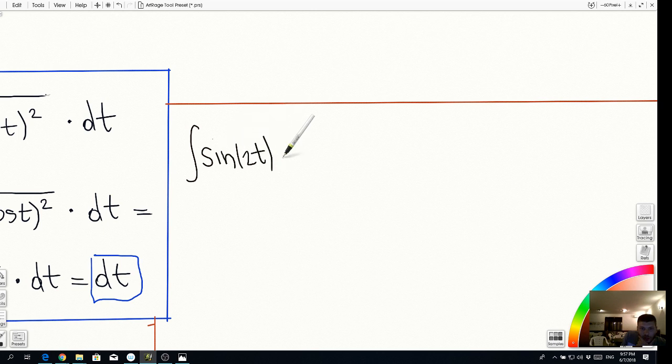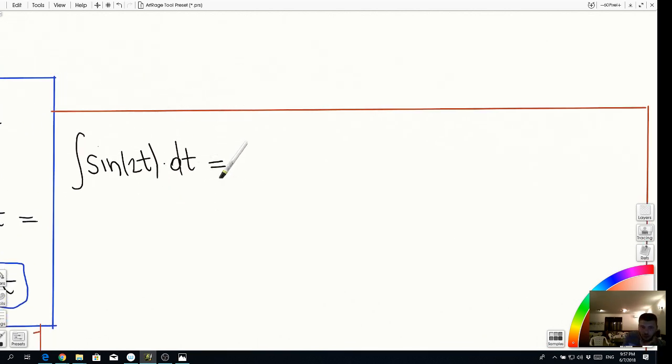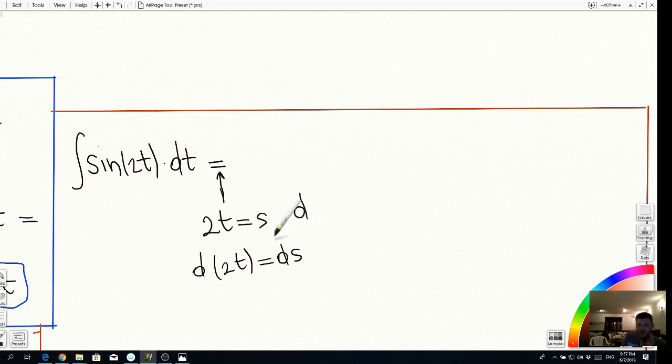Primitive function of sin 2 times t: let's do substitution, 2t is equal to s, and let's differentiate these expressions. d of 2 times t is equal to ds.